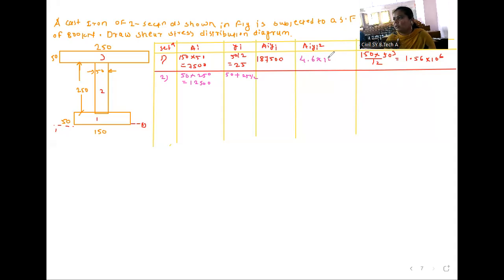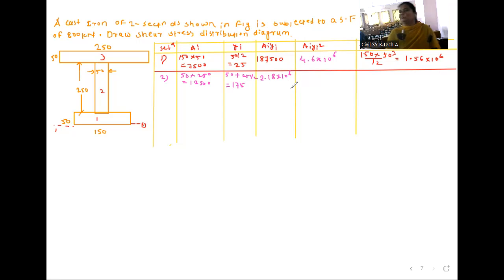Then ai yi, here yi is equal to how much? 250 by 2 is 125 plus 50 is 175. Then ai yi, 175 into 12500, which is 2.18 into 10 raised to 6.